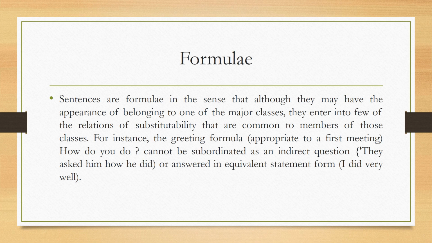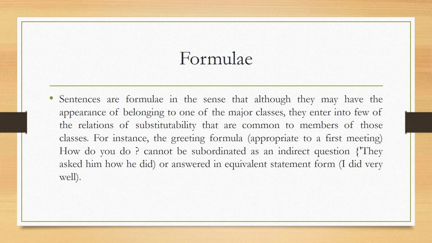So there are, in fact, four minor types of sentences in English, and we are going to start with the first type, which is the formulae. So the first type is called the formulae. What is a formulae?